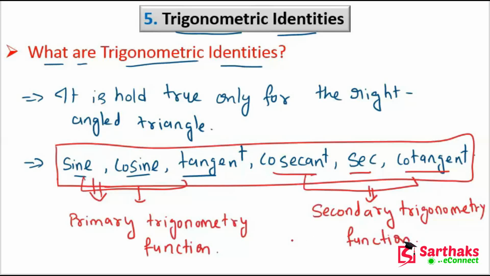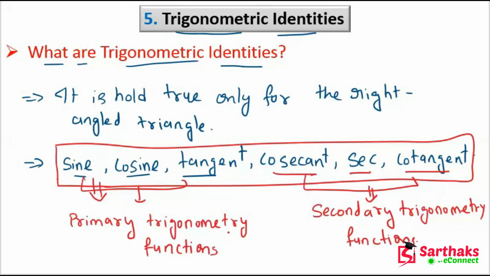I hope you understand these things. So sine, cosine and tangent are primary trigonometric functions, and cosecant, sec and cotangent are secondary trigonometric functions. My dear friends, trigonometric identities are based on all these 6 functions.